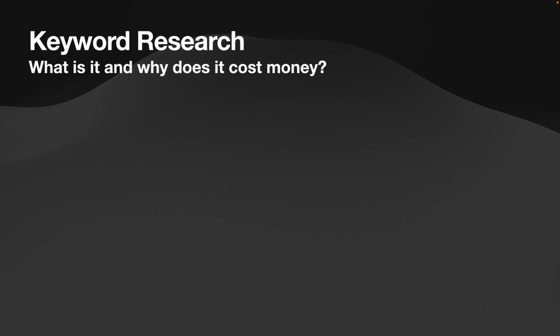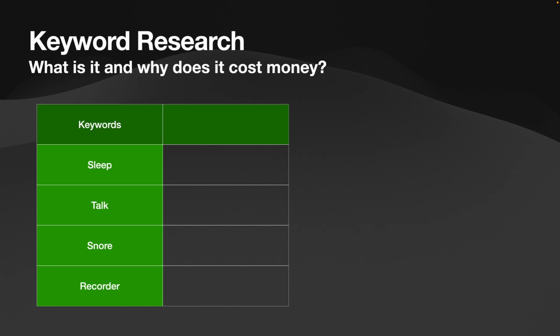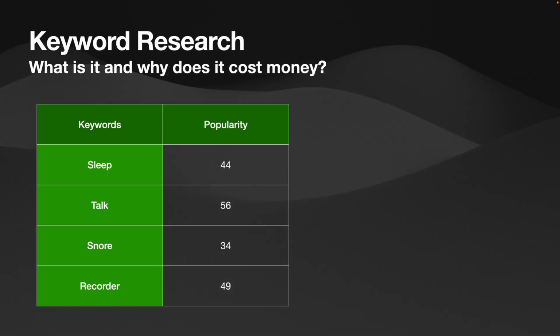So what do these tools provide you, and why would you want to pay for them? Let's take the 4 keywords in the title from previous slides, and I will explain what most keyword research tools provide you. First, the data that all of the keyword research tools provide you is popularity.